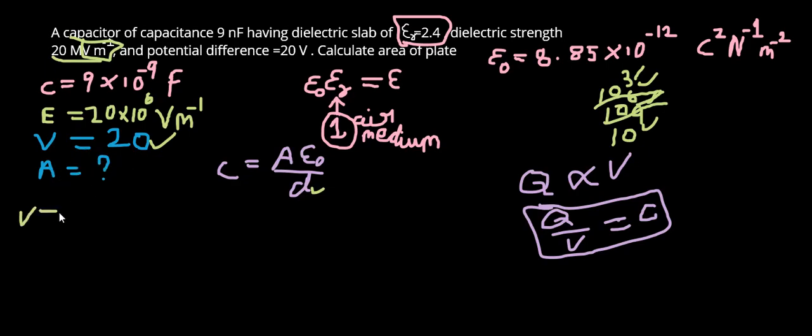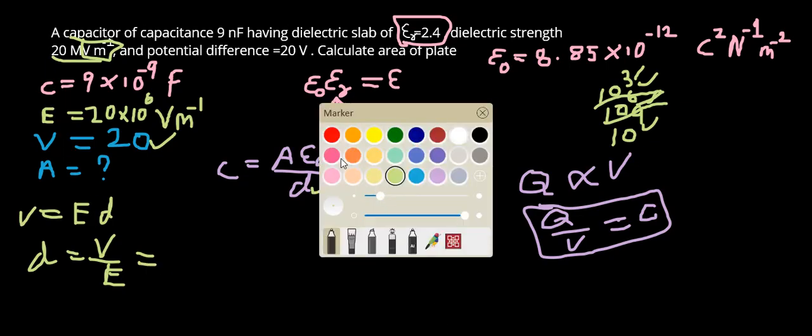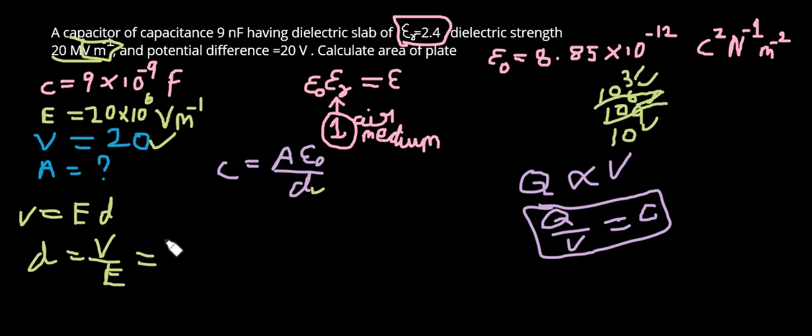So we know that V is directly proportional to the distance between them, that is D, and here the proportionality constant is E. To find the value of D, D is equal to V by E. We have to substitute this V value and the E value here so that we can get the answer, that is V is 20 by 20 into 10 power, I will be writing as 10 power minus 6 after simplification. Then 10 power minus 6 is the value of this D. So we found the value of D here.